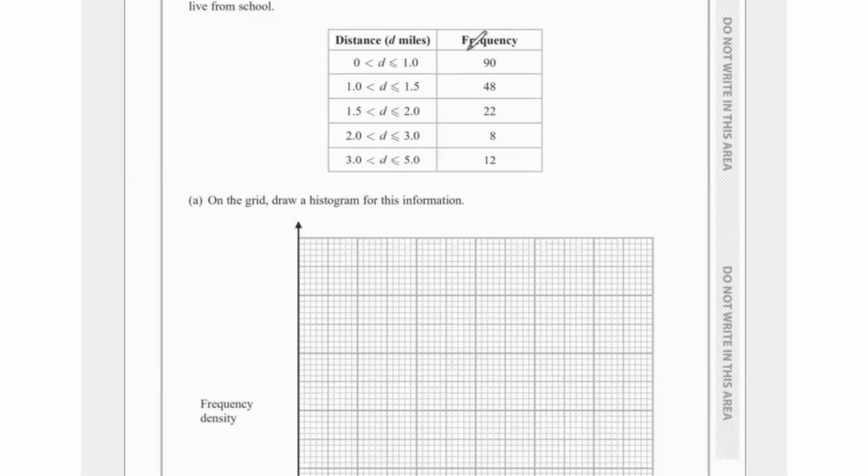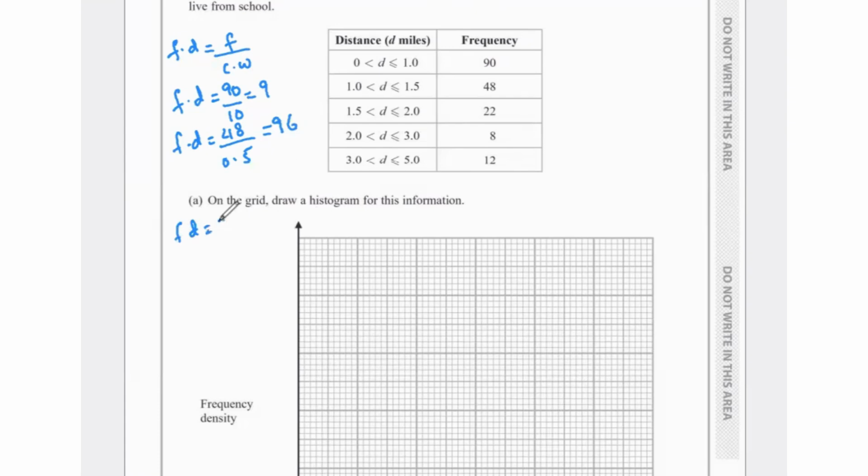So first, write down the density for each class width. Frequency density is going to be frequency over class width. So first, it's going to be 90 over 10, which is 9. Then it's going to be 48 over 0.5, which is going to be 96.